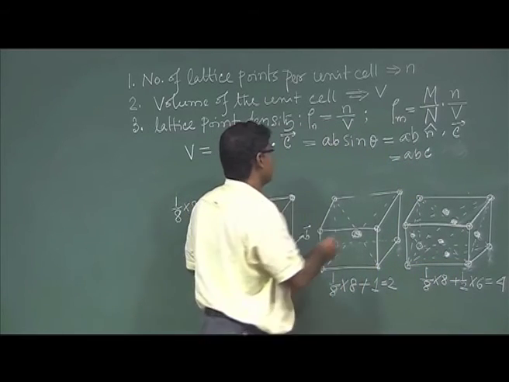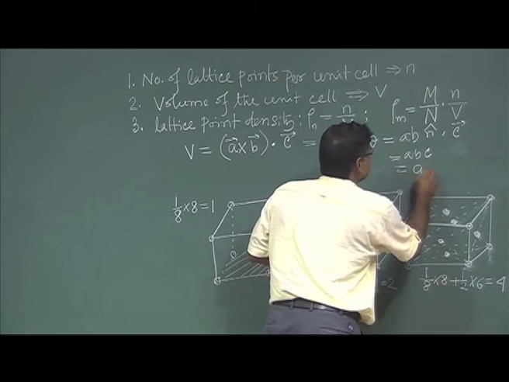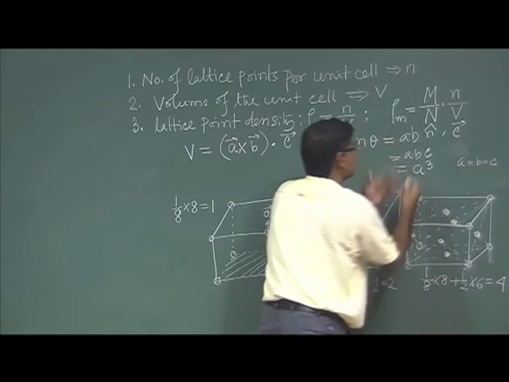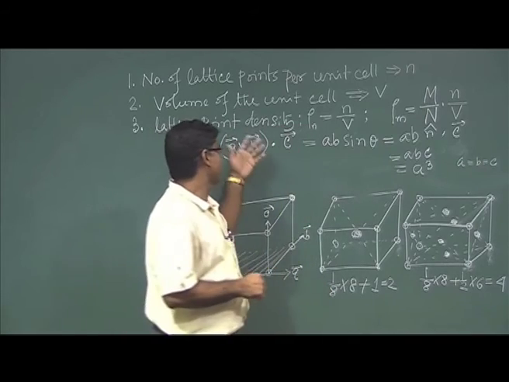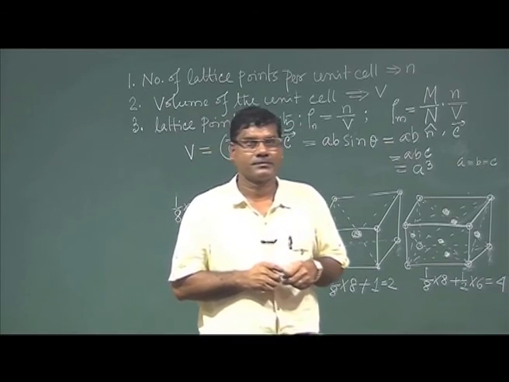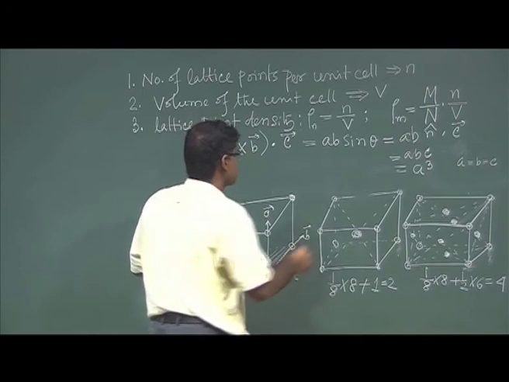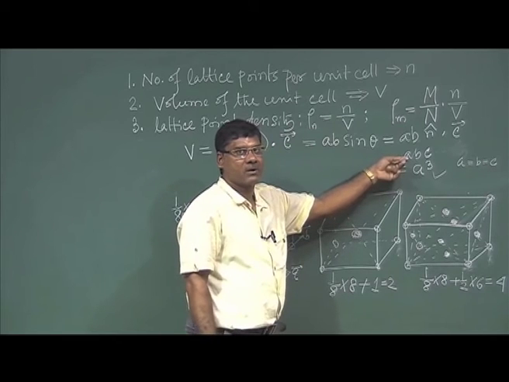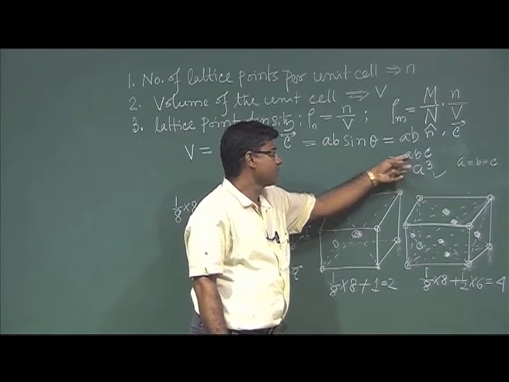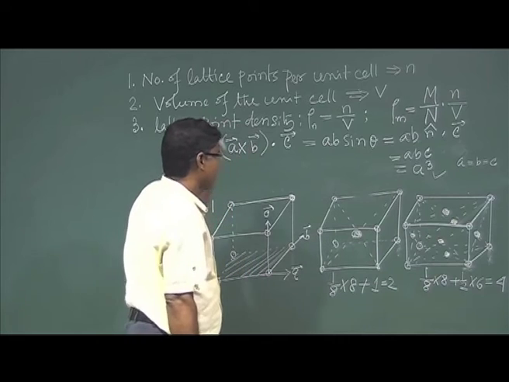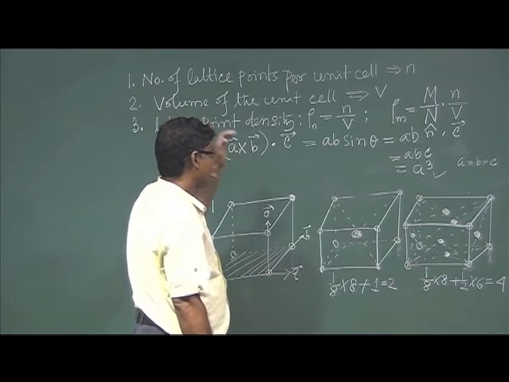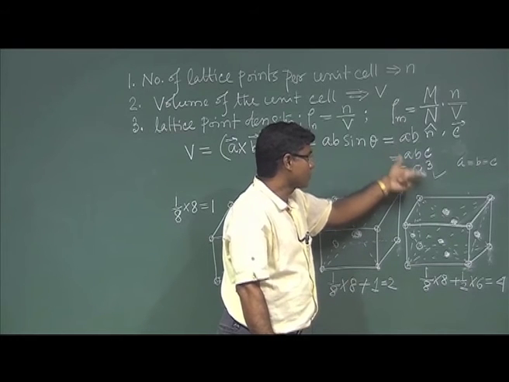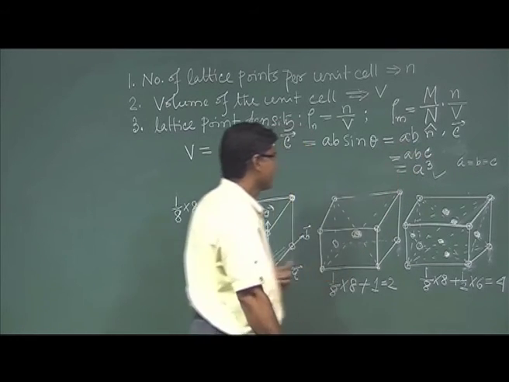For a cubic crystal, A equals B equals C, so it is A cube. So the volume of the cubic unit cell is A cube. For tetragonal it is A square C, and for orthorhombic it is ABC.